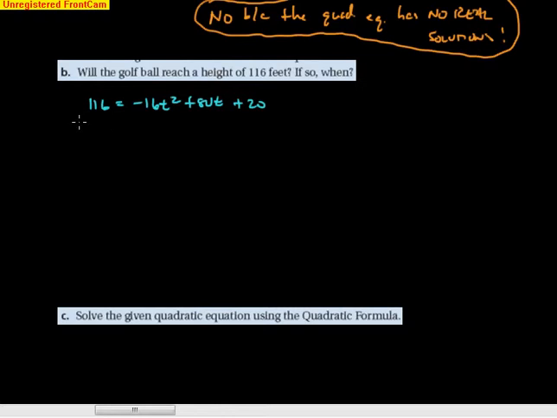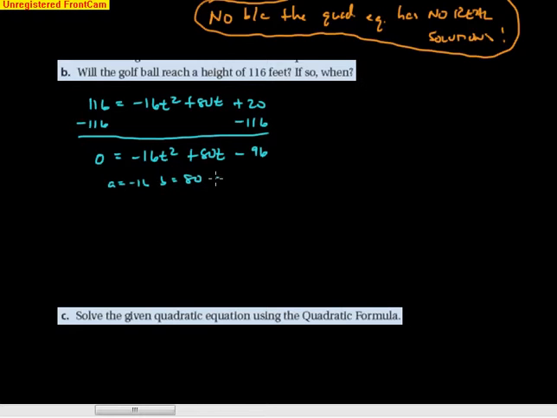First thing I'll do is move the 116 to the right by subtracting it. 0 equals negative 16t squared plus 80t minus 96. Okay. And now I am going to find the discriminant. Again, A is negative 16, B is 80, and C is negative 96.